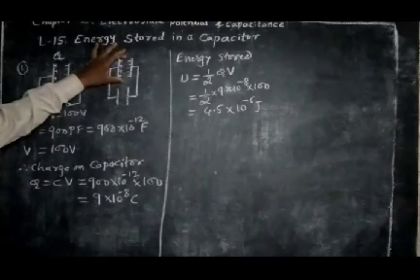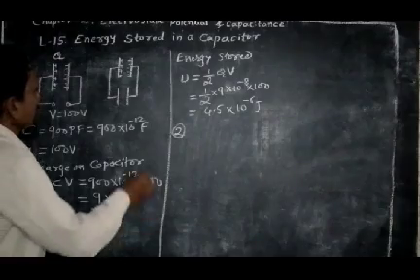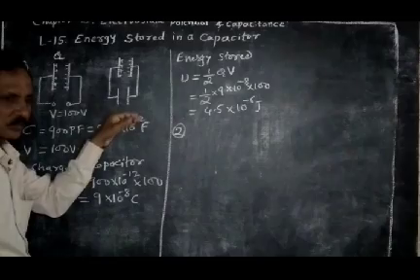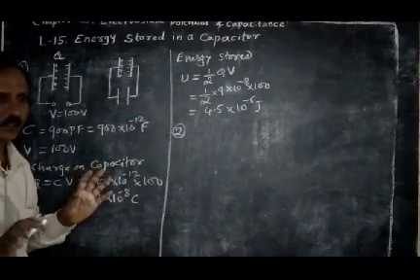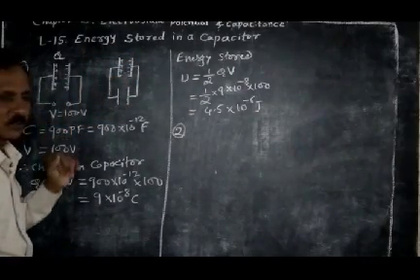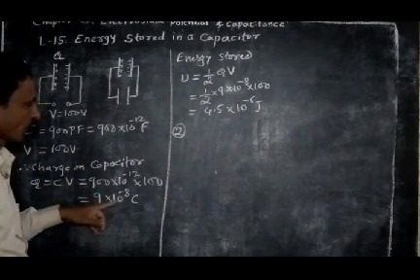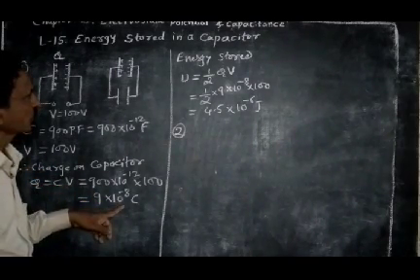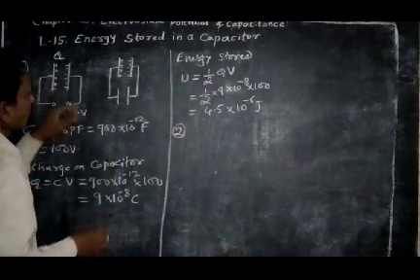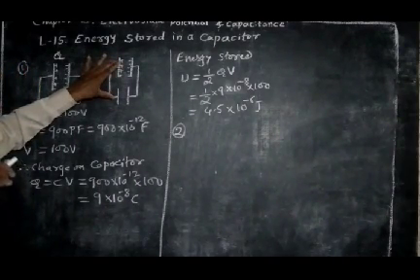When a charged capacitor is connected to an uncharged capacitor at steady state, that means when the flow of charge from the charged to the uncharged plate has stopped, both the plates acquire the same charge. Initially it acquired Q charge, that is Q equal to 9 into 10 raised to minus 8 coulomb, and when it is connected to the uncharged capacitor, both the positive plates acquire the same charges.